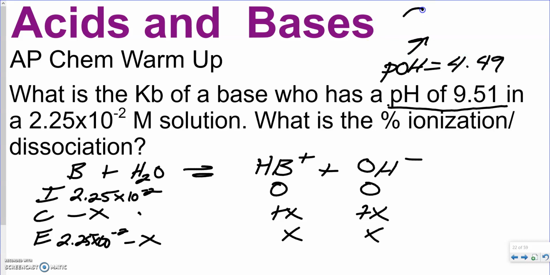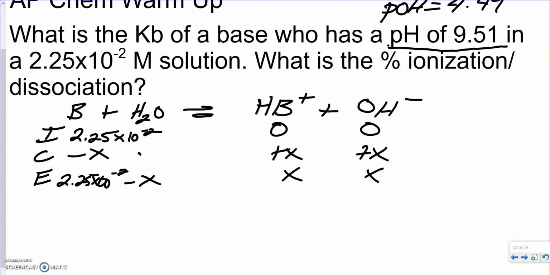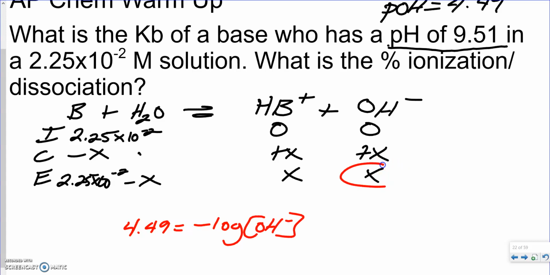Because we can get the concentration of hydroxide from our pOH value. So let's go look at that. Scroll down a little bit so we got some more room. pOH, which is 4.49 in this case, is going to equal the negative log of the hydroxide ion concentration, which in this case is our X value. So all we have to do is solve this. We're going to bring the negative over.